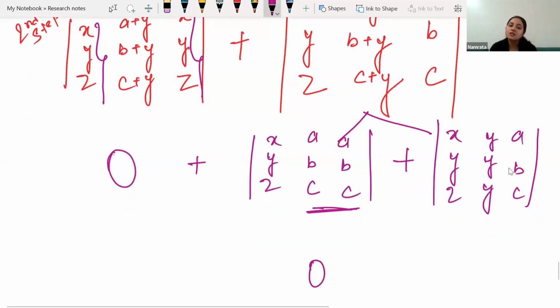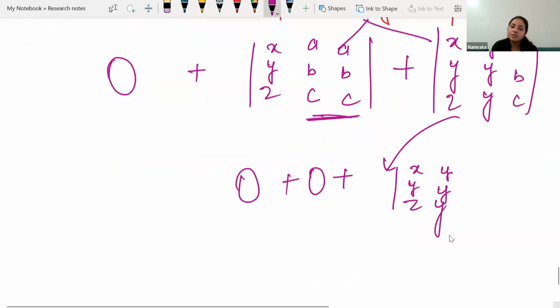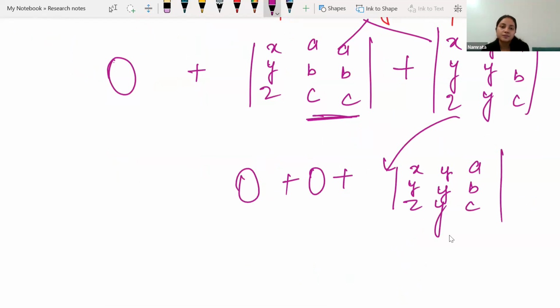And can we say this result will also be 0? The previous result was also 0. So we are just left with this part, that is x, y, z, y, y, y, a, b, c. Can you see it?